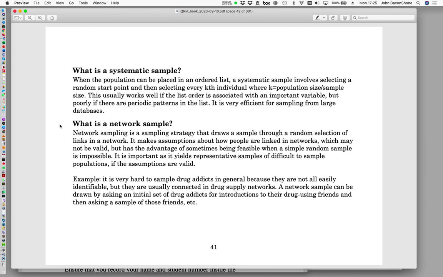Well, with something like drugs, usually you have a supply network. So of course, it's possible you're growing your own marijuana, in which case you may not need to have a supply network. But for most drugs, you're getting it from somebody and they get it from somebody else. So people are usually connected up. So one of the problems if I don't have some form of network sampling is I would rely on the people I can easily contact.